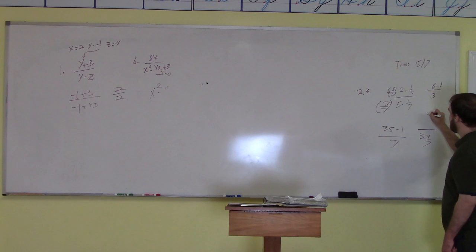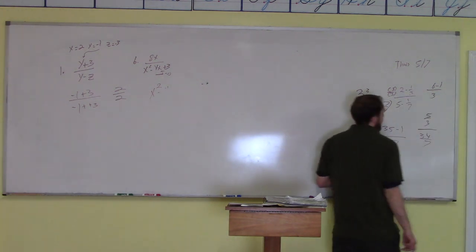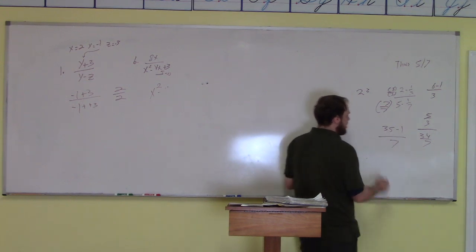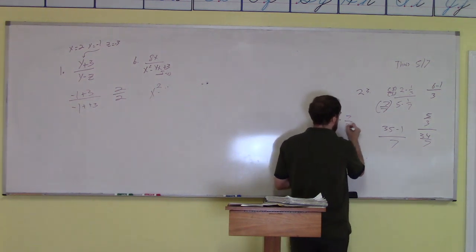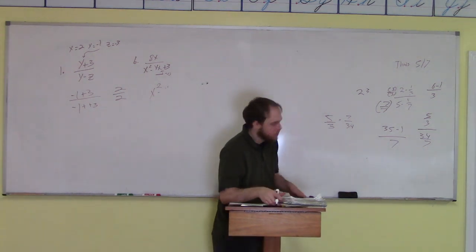So what I have is 5 over 3 over 34 over 7. Again, when you do these, you have to multiply by the reciprocal, so I have to flip the bottom one. I'm going to multiply 5 over 3 times 7 over 34, and then work it through.